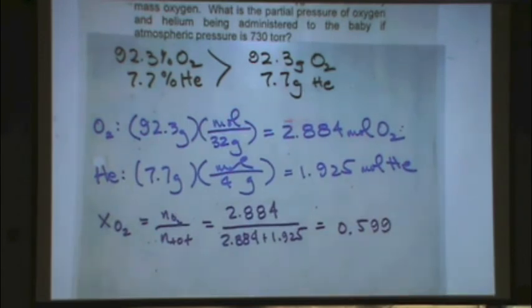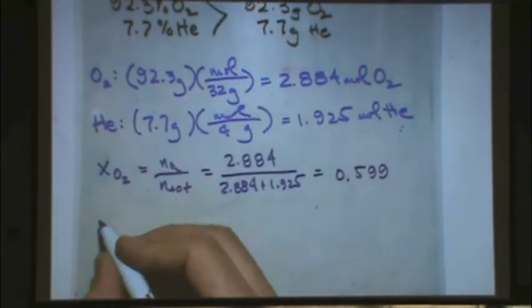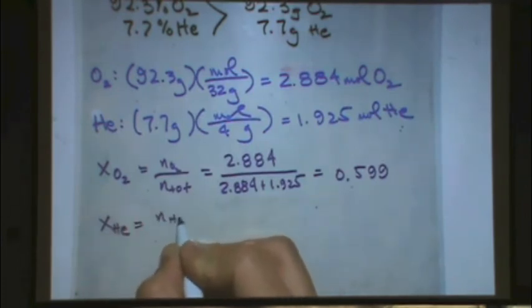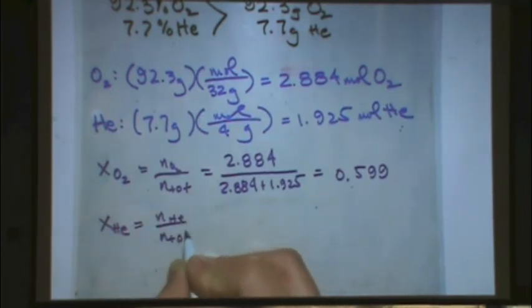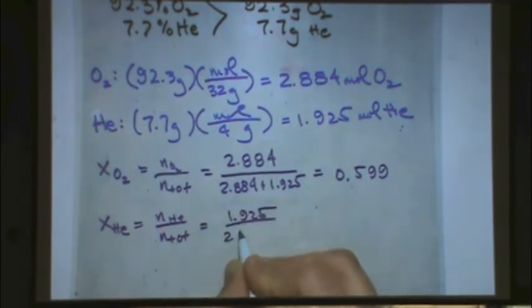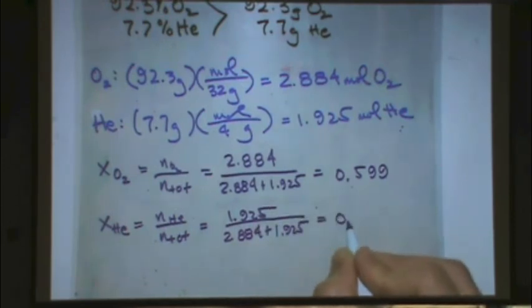Remember, no units for mole fraction. Mole fraction is unitless. Now let's do the mole fraction of helium. That's the moles of helium over the total moles, which is 1.925 divided by 2.884 plus 1.925. This is 0.401.